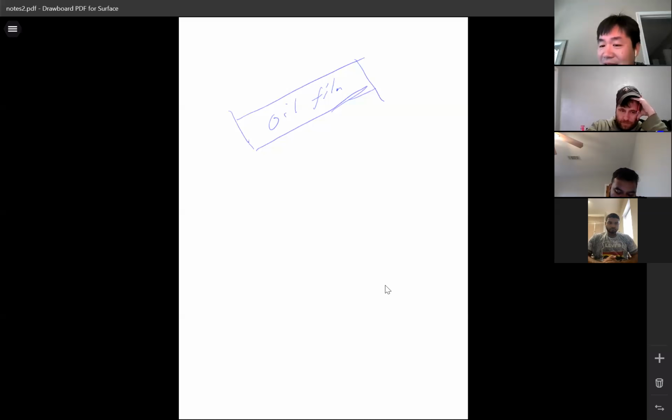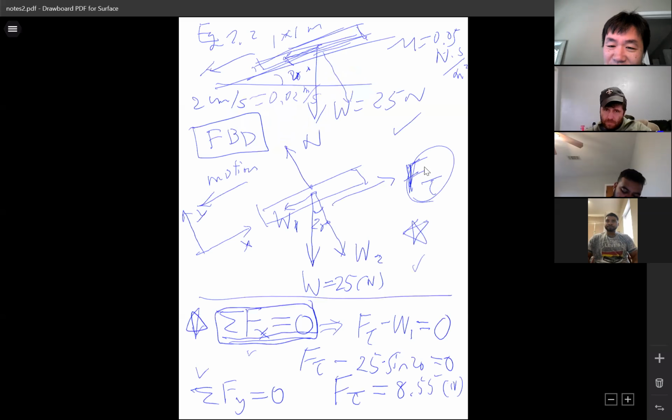That's right. You have to have the force drawn on your free body diagram to represent the presence of that board. You can't just get rid of the board, right? It's there. So you have to take into account that effect. So action reaction, right? Look at this shear force F tau.